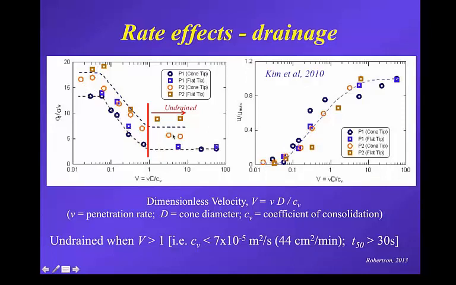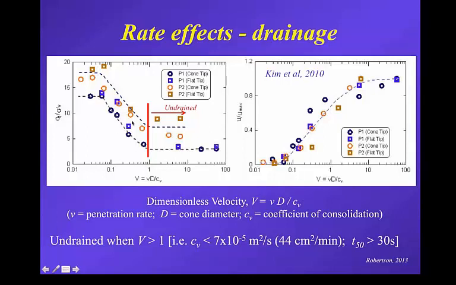We assume that in clean sands we have drained penetration. If you think of the right-hand side here, there's no excess pore pressure, and you get a high tip resistance. And then in clays, you have essentially undrained penetration, so the coefficient of consolidation is low enough that the penetration is essentially undrained, and so you get these large excess pore pressures.